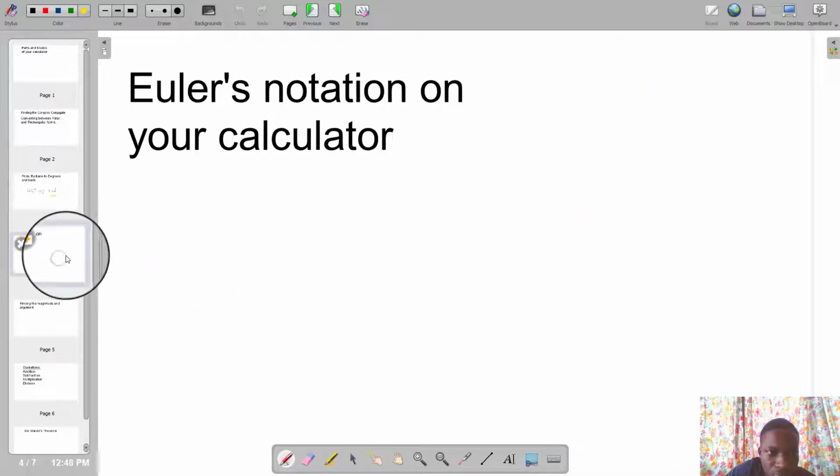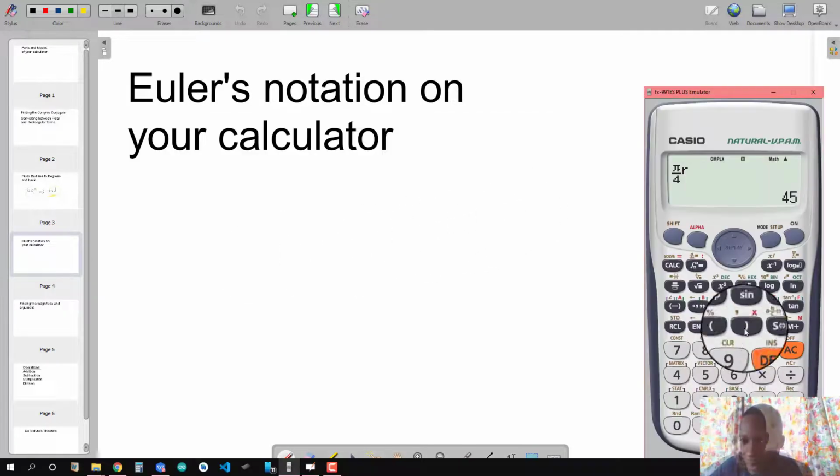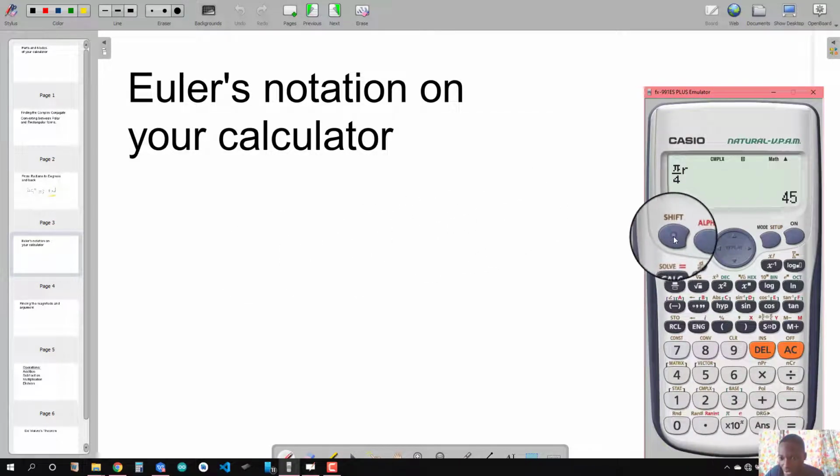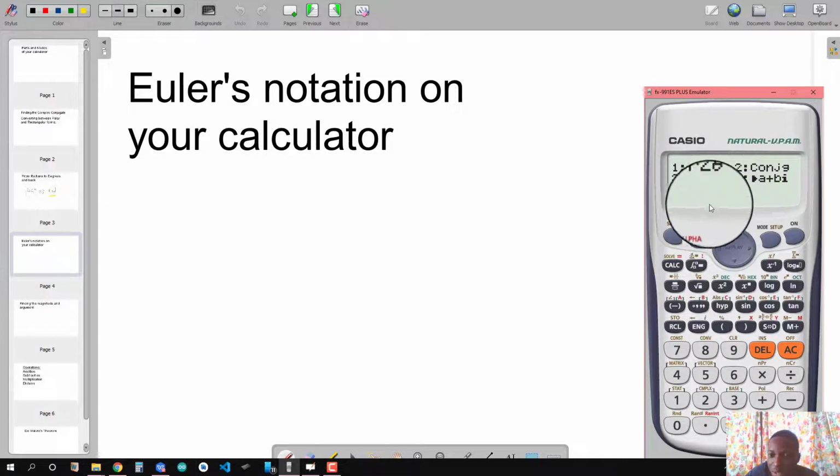Moving on, Euler's notation on your calculator. We've already hinted about this particular mode, shift 2 to access all the various functions and the complex.